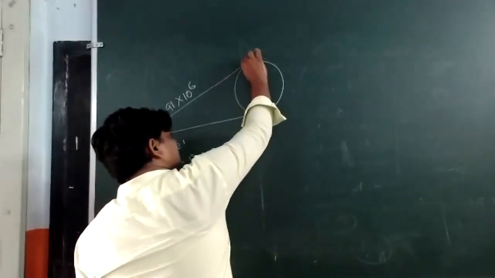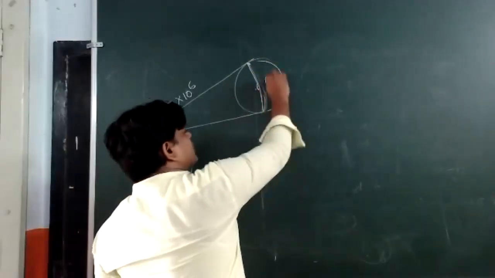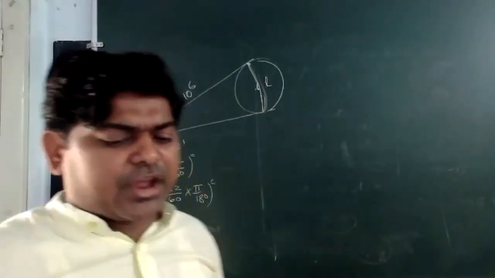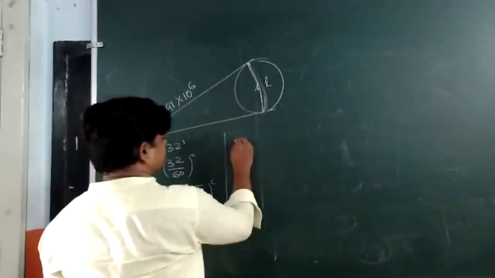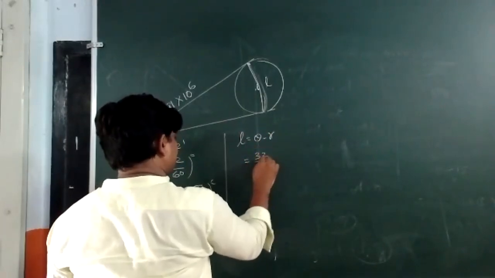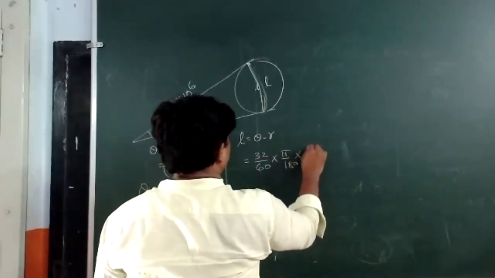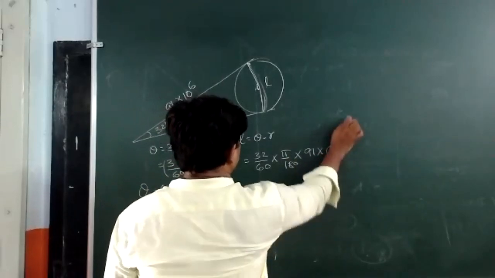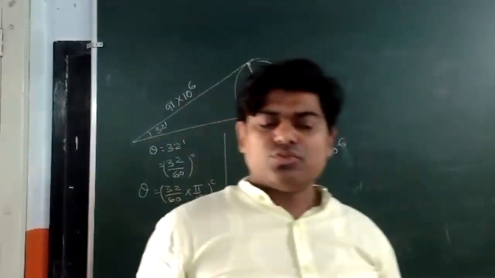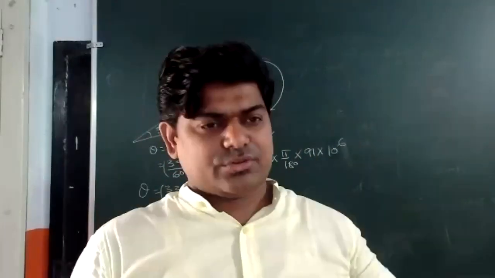And when I join in circular form with R, I will get it like that. So that arc length will be, I can say, equal to the diameter. So here we can find L is equal to theta into R. Theta we have already got, 32 upon 60 into pi by 180, into 91 into 10 to the power 6. Now you can simplify. You may substitute the value of pi as 22 upon 7, and you will get it.